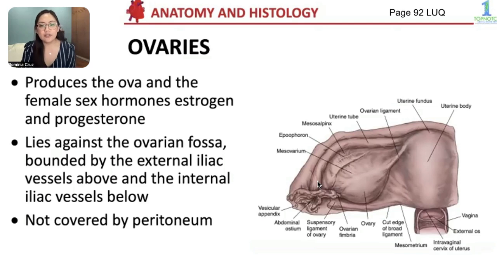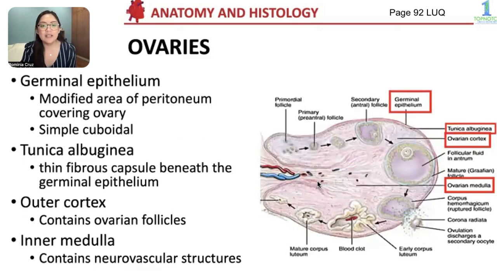Histologically, the ovarian surface is covered by a single layer of cuboidal cells termed your germinal epithelium. So this is the germinal epithelium. Immediately underneath the germinal epithelium is a very thin fibrous capsule called your tunica albuginea.